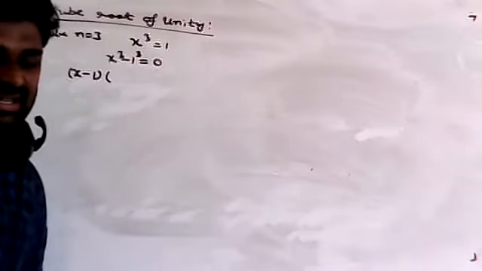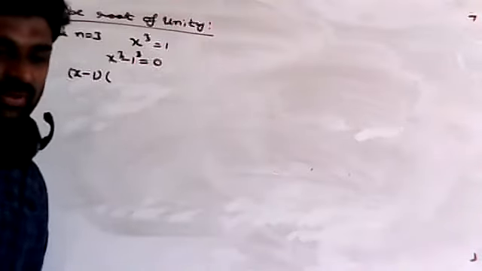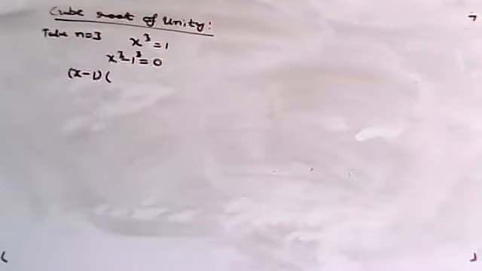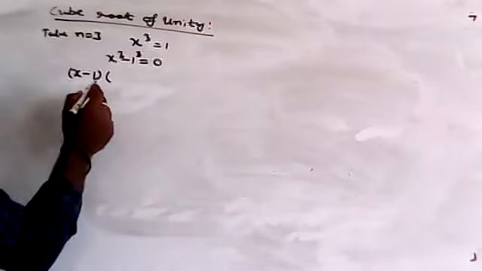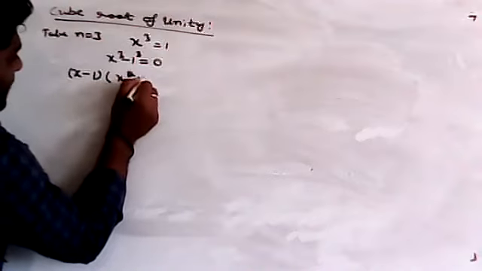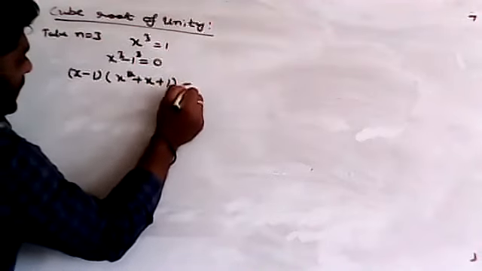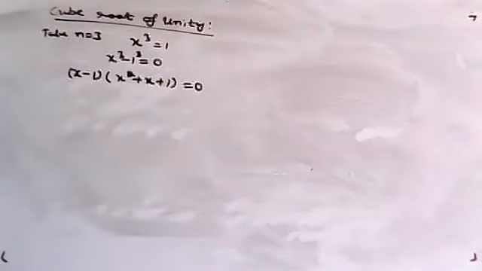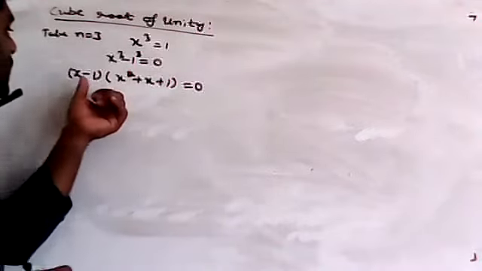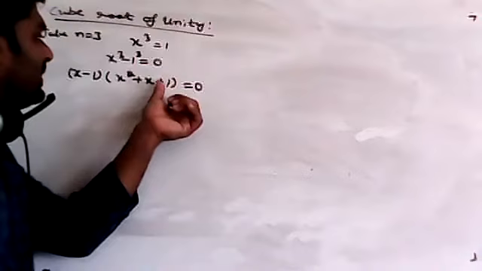That is a plus b the whole cube formula you're telling. Okay, a square plus ab plus b square is equal to 0. Can we write a cube minus b cube as a minus b into a square plus ab plus b square? Correct?